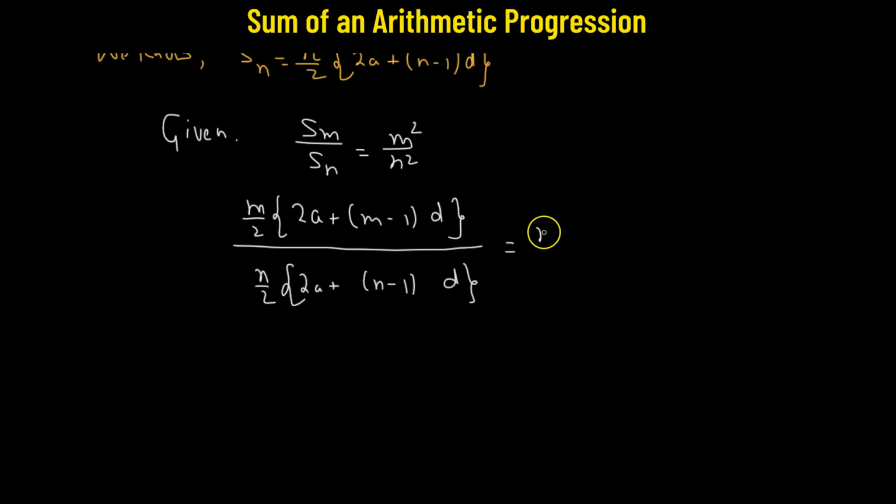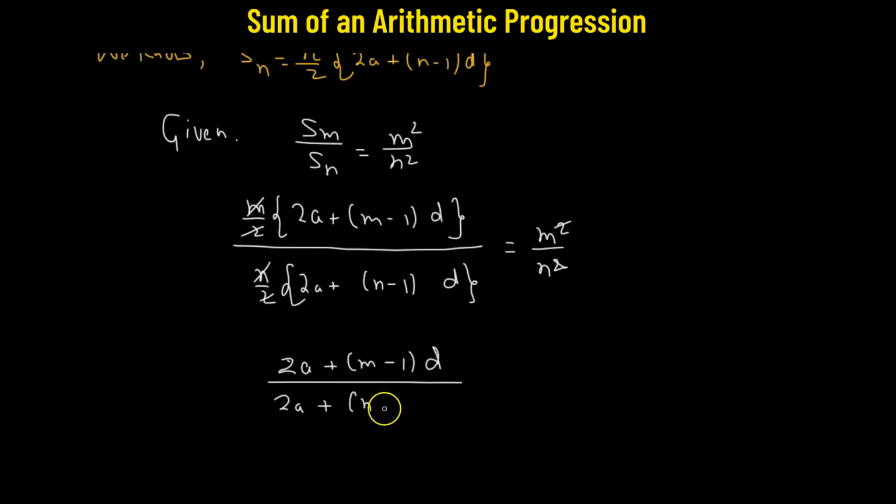This equals m squared over n squared. Here we can cancel out 2 and 2. After cancellation, we are left with the ratio m over n on the left hand side, and we also have the ratio m over n on the right hand side. Both of them get cancelled out, and this leaves us with 2a plus m minus 1 times d divided by 2a plus n minus 1 times the common difference d equals m over n.